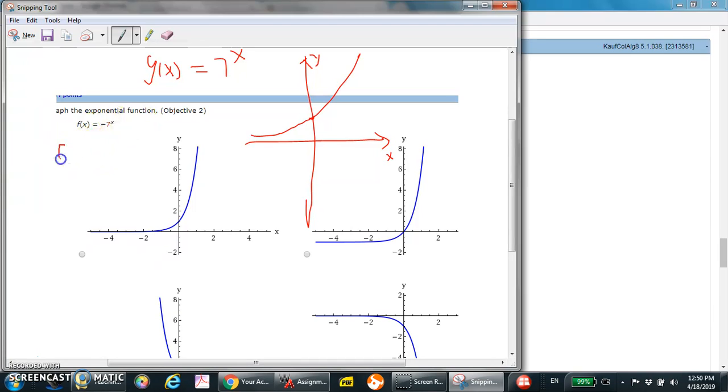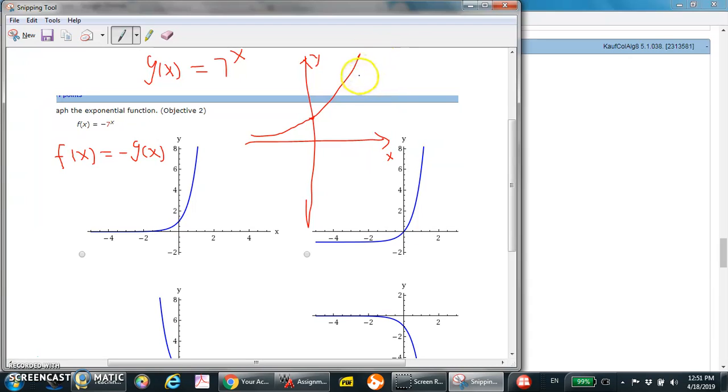Now, if we want to graph the function f of x equals negative g(x), this will be a reflection with respect to the x-axis.